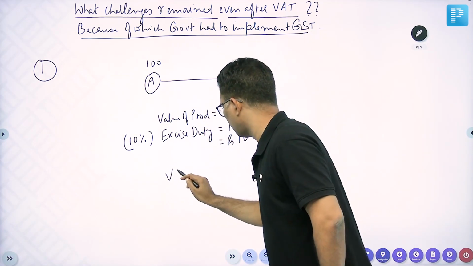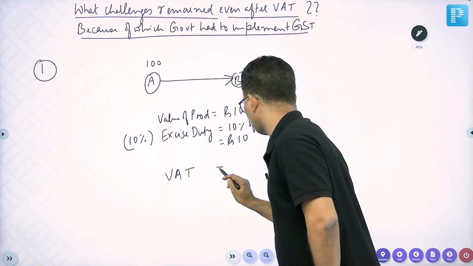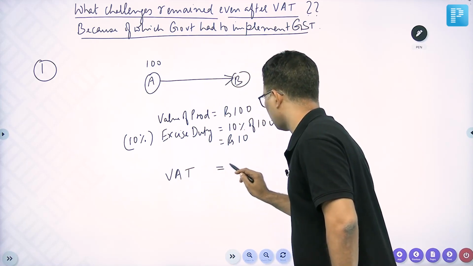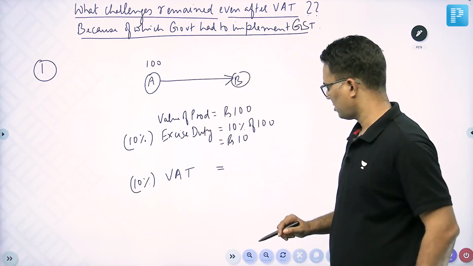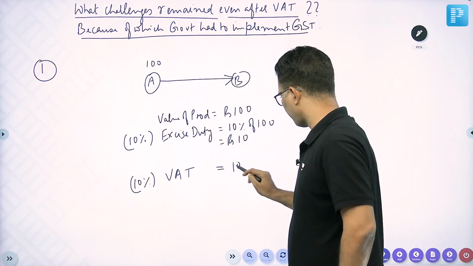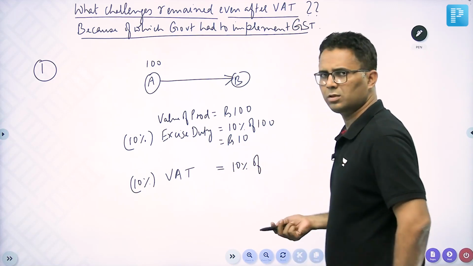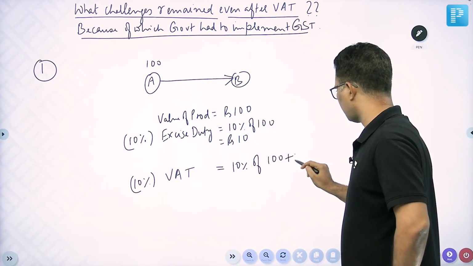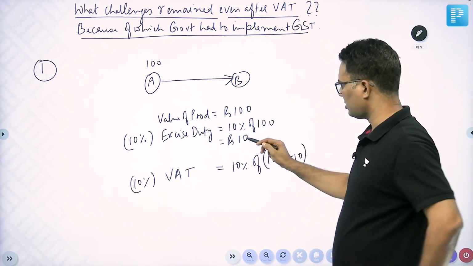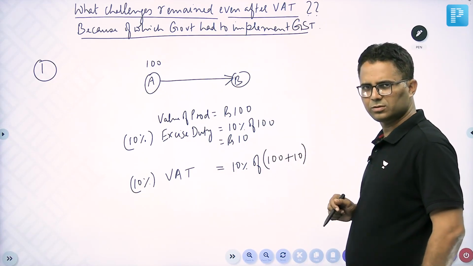So VAT, let's say, is also 10%. VAT 10% of what? Of 100 plus 10, because now this excise duty gets inbuilt with the product.